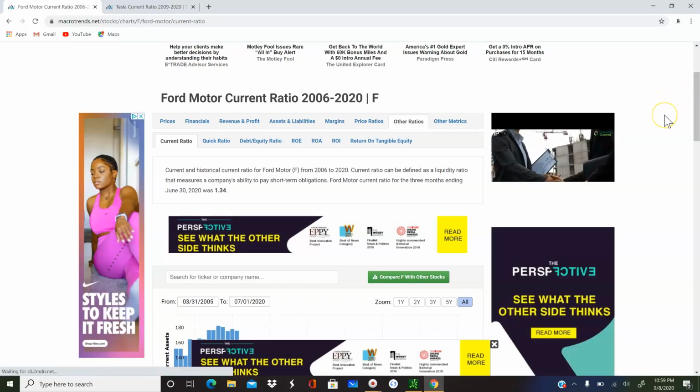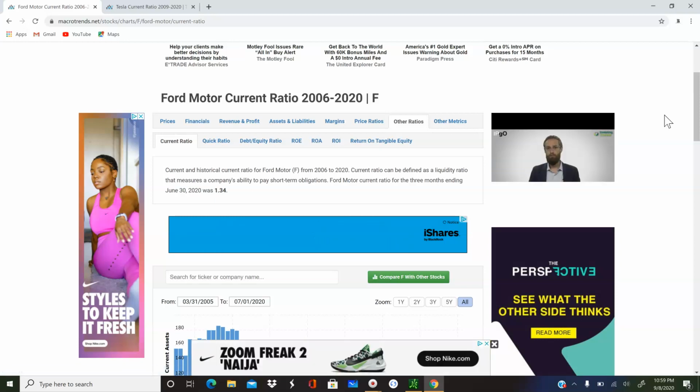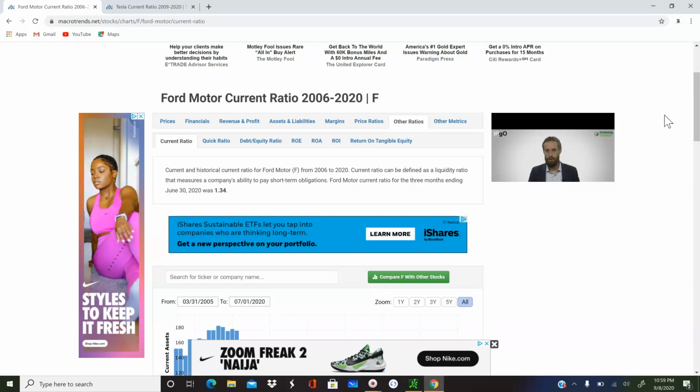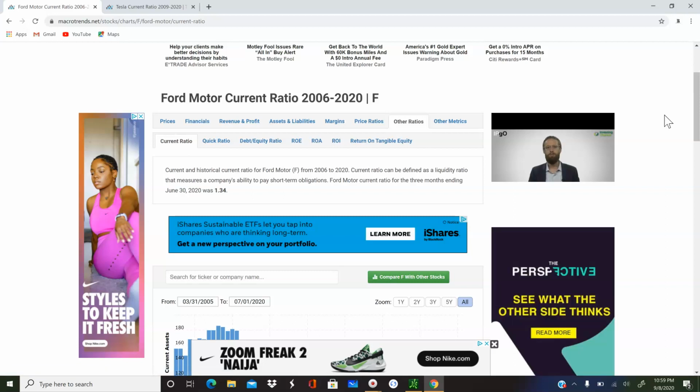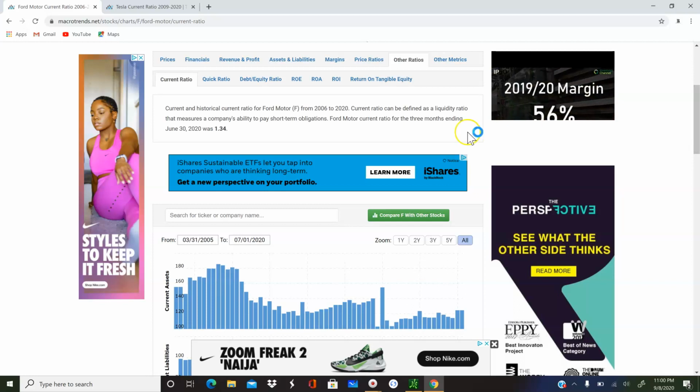The only difference with the quick ratio is that it does not account for inventory. So it's current assets minus inventory divided by current liabilities, and that'll give you a number. Most of the time, that number for the quick ratio is going to be lower than the current ratio. Sometimes there's a big discrepancy between the two numbers, and sometimes there isn't.